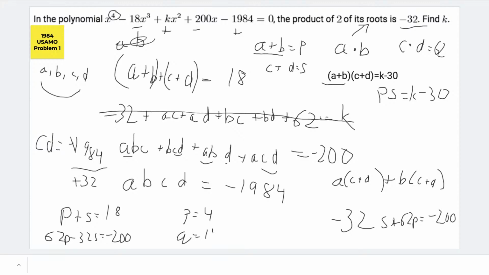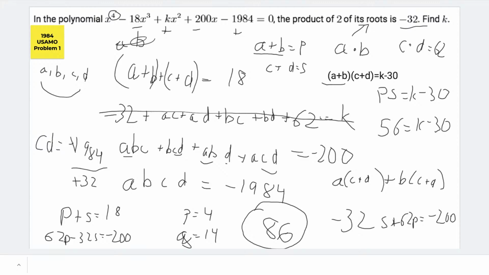And we want to find K. From the expression P times S, we know that P times S equals K minus 30. And P times S is 56. So 56 equals K minus 30. You add 30 to both sides to get K equals 86.